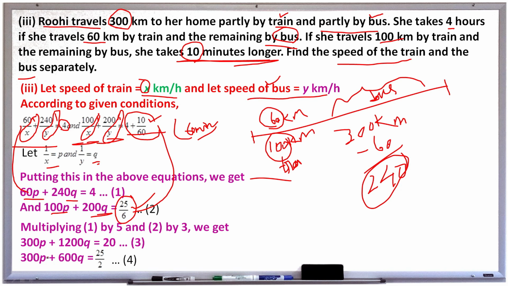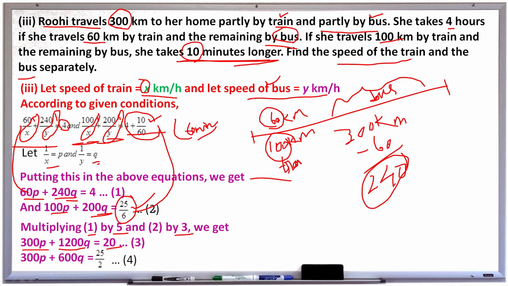Now multiply the first equation by 5 and the second equation by 3. Multiplying by 5: 5 6s are 30, 300p, 5 into 240 is 1200, 5 4s are 20.